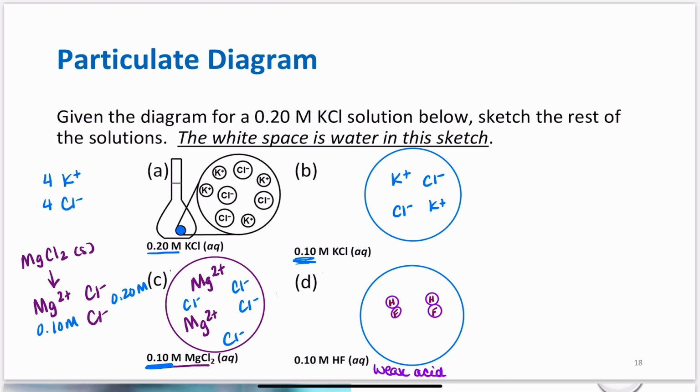Only a couple of HF molecules are going to break apart, so most likely they will look like this. At absolute best, you're going to have 1 molecule together, and then 1 H plus and 1 F minus, but HF does not break apart that much, so really it's going to look like 2 little particles floating around.